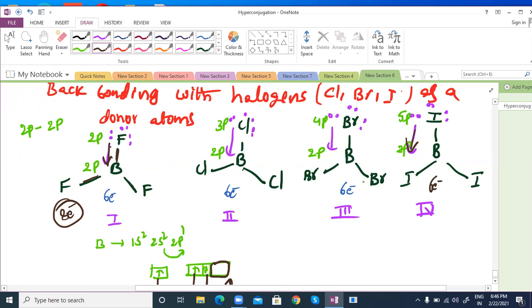So the 8 electron character is more in the case of BF3 and the 6 electron character is more in the case of BI3. So BI3 is more electron deficient compared to BF3. Therefore, this is the Lewis acidic character order.